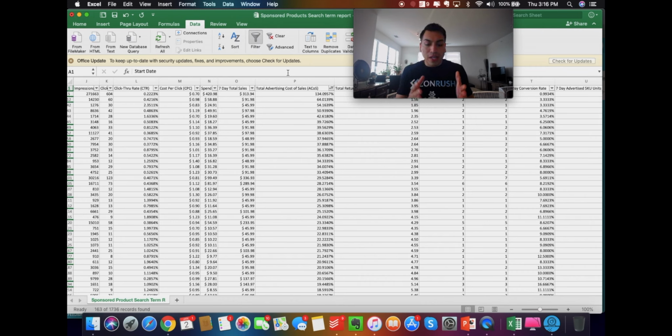And so by setting these rules, you're going to start to see patterns in your account over time, which is going to allow you to easily optimize with much more efficiency and accuracy. And another thing I like to look at is once you're looking at the ACoS, you can also see not only the common denominators in the average cost per click, but you can also see the common denominators in the keywords themselves.